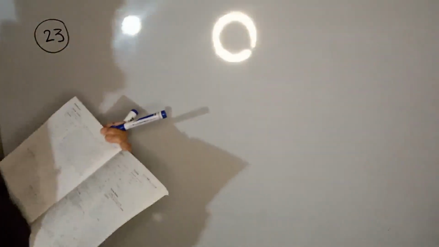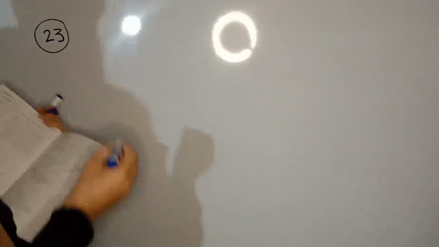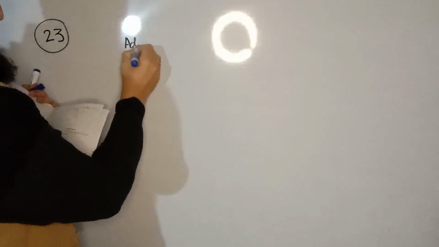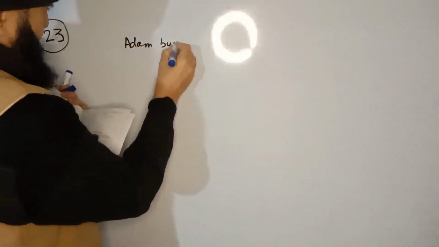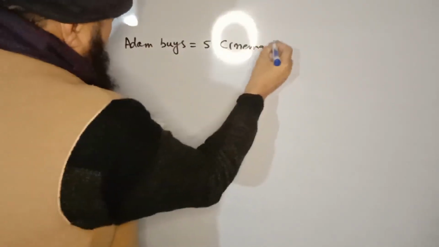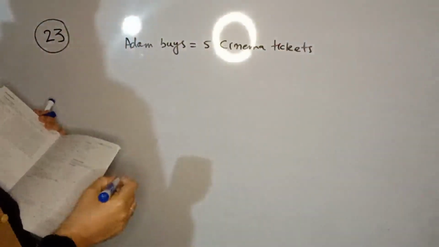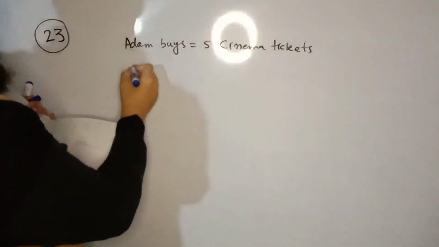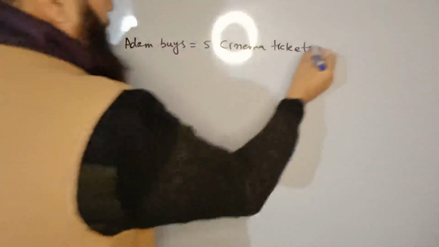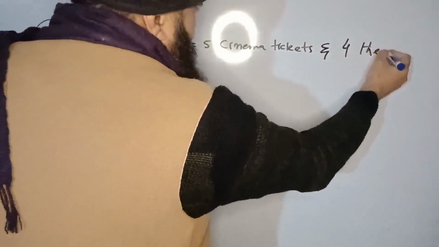Question number 23 is, Adam and Ben buy tickets for the cinema and theatre. Adam buys 5 cinema tickets and 4 theatre tickets.